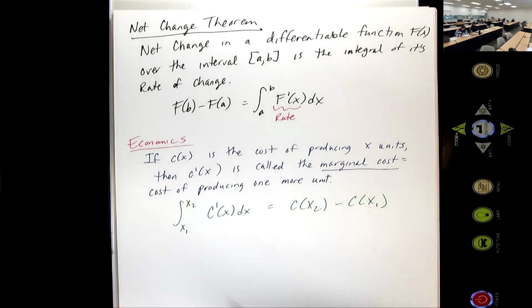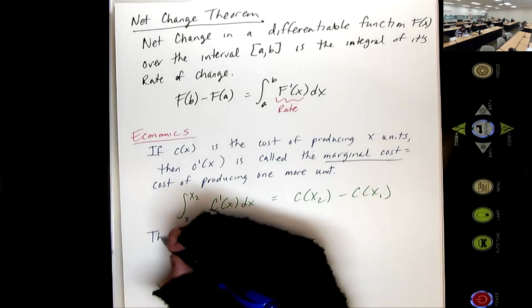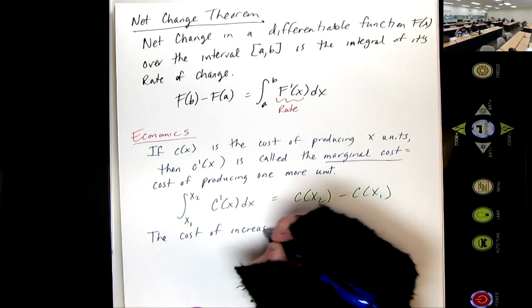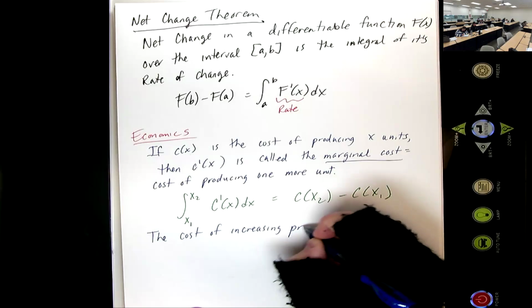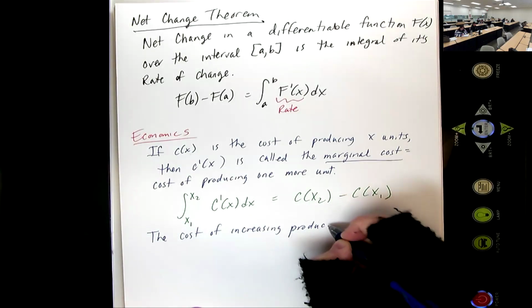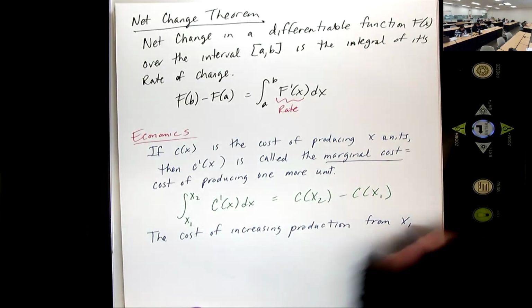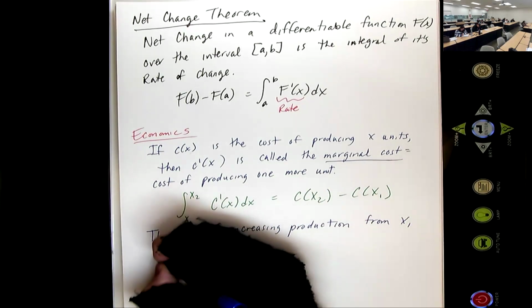It's the cost of increasing production from x1 units to x2 units.